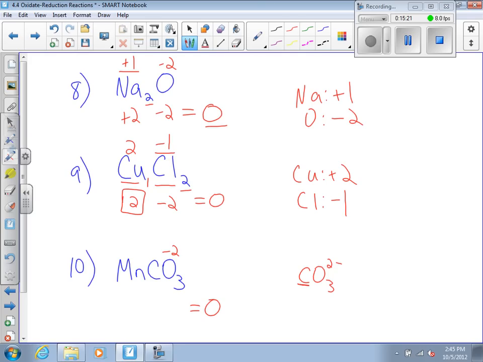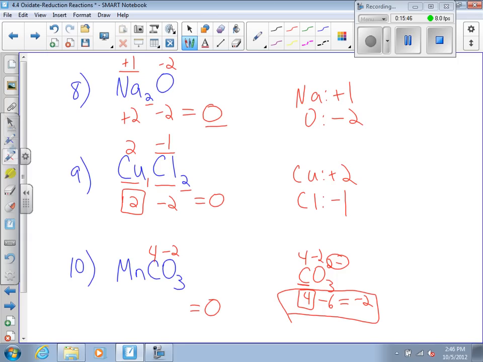So this total must add up to the charge of the ion, -2. Each oxygen is -2. Total on the oxygens is -6. In order for this equation to be true, the carbon must be 4, because 4 minus 6 is -2. So I put a 4 up on the carbon, 4 up here.